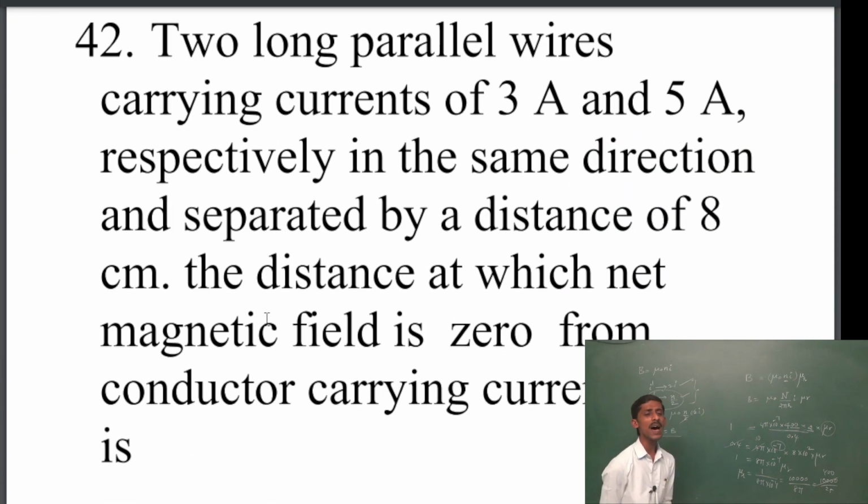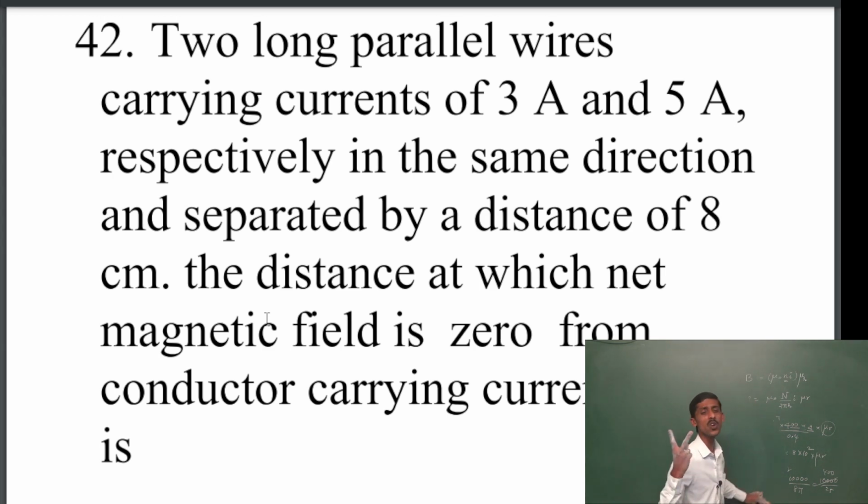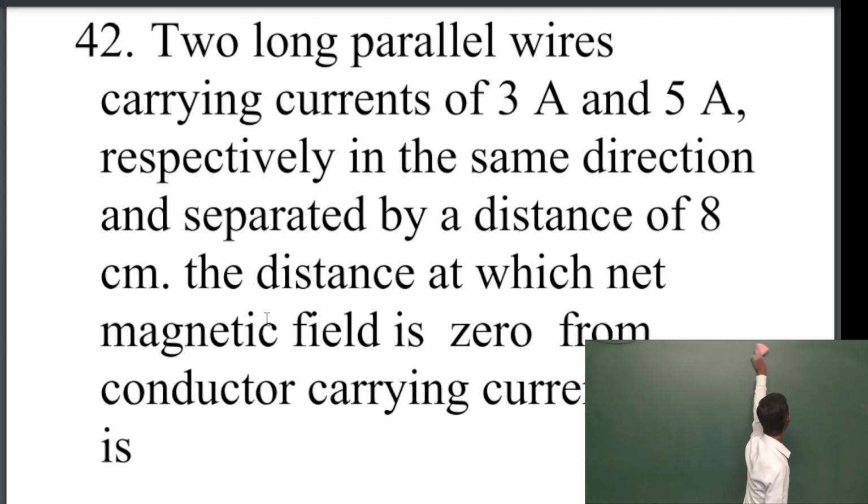Two long parallel wires carrying currents of 3 ampere and 5 ampere. So neutral point concept, quite similar to electrostatics. There are two long parallel wires carrying the currents 3 ampere and 5 ampere in the same direction, separated by distance 8 centimeter. The distance at which net magnetic field is 0 from conductor carrying current of 3 ampere is.